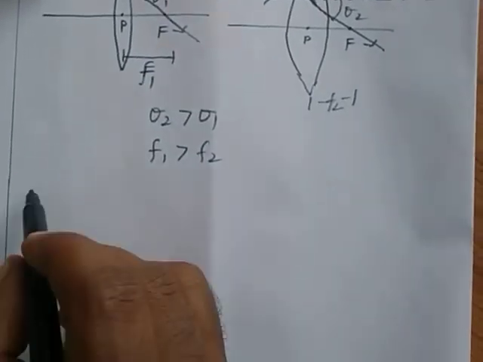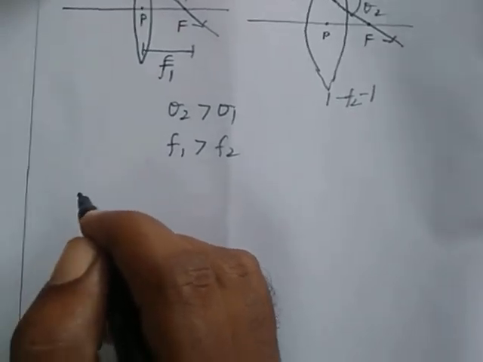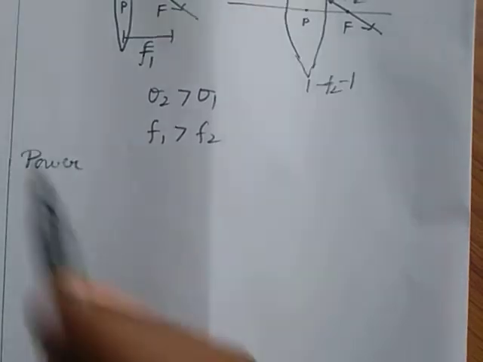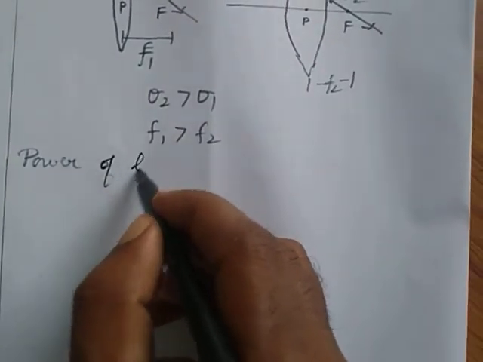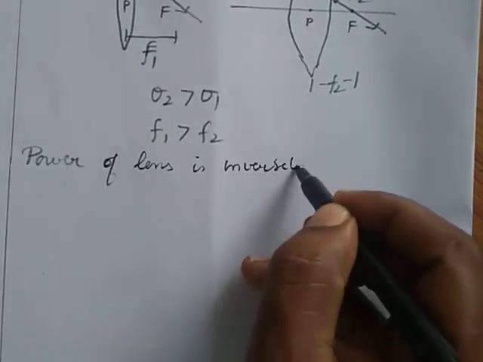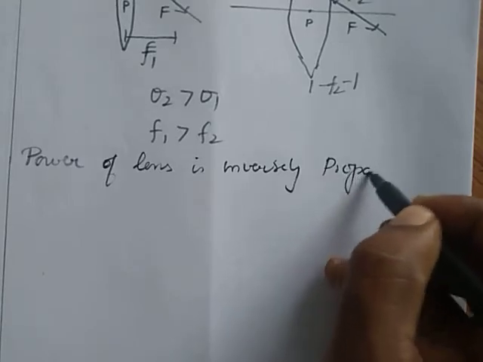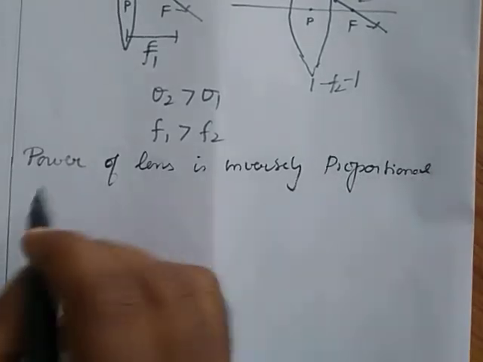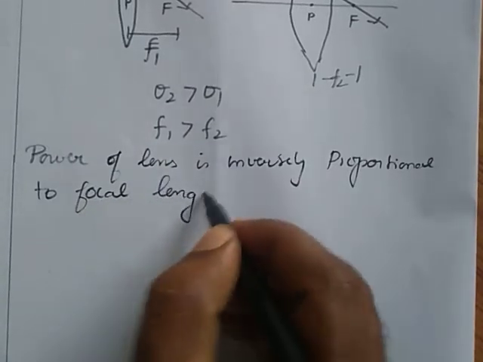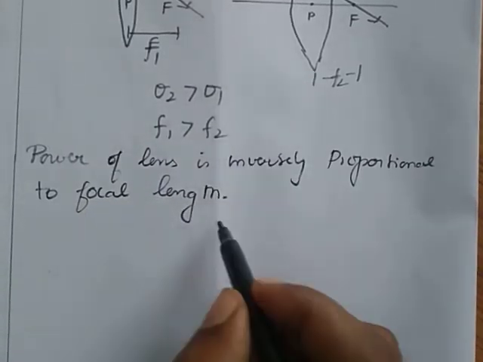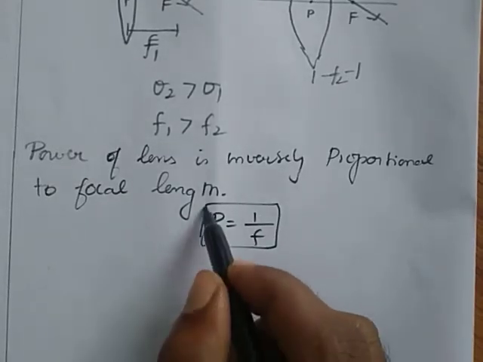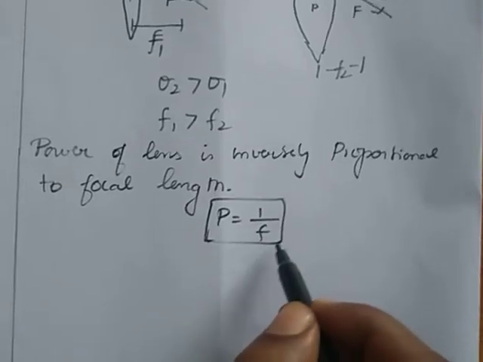We can write that power of lens is inversely proportional to focal length. P is equal to 1 by F. This is the equation that relates power of lens and focal length.